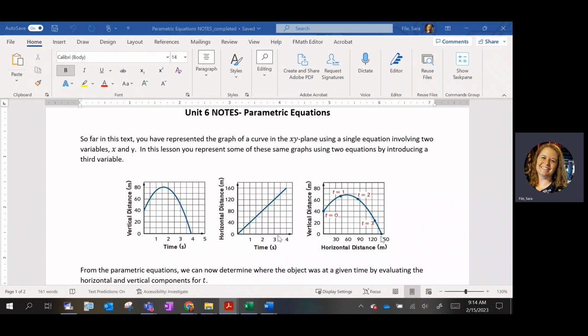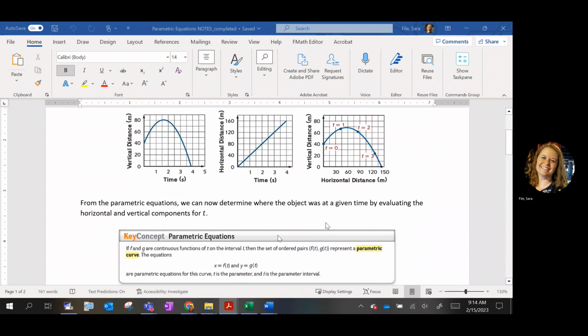So it stops there. Does that make sense? You're able to combine and look at two variables at the same time in terms of whatever the parameter is. Oftentimes it's time, but it's not always time.